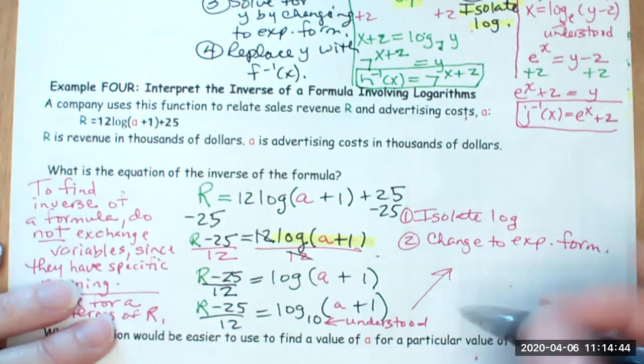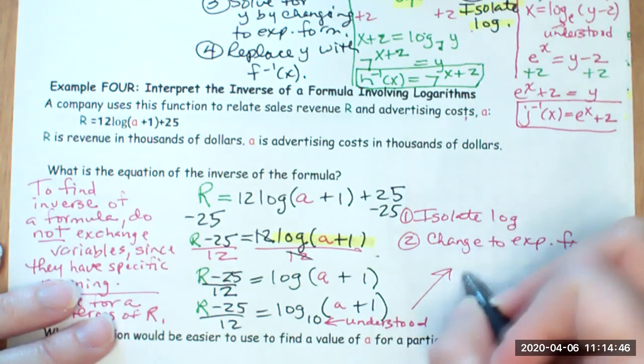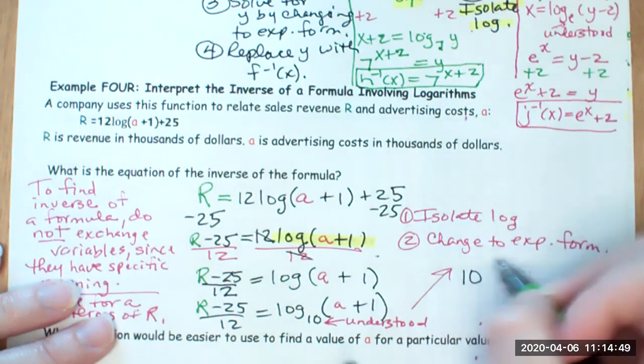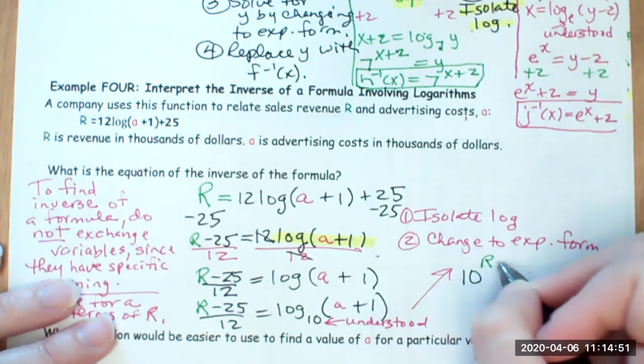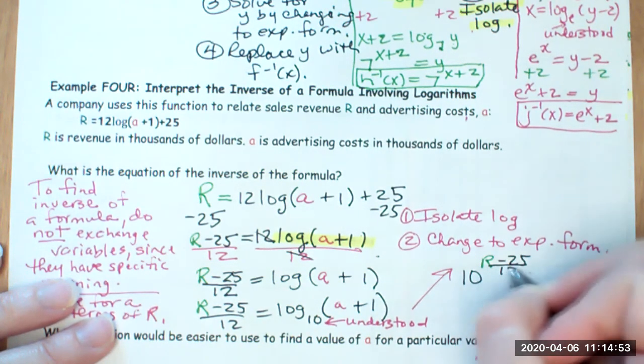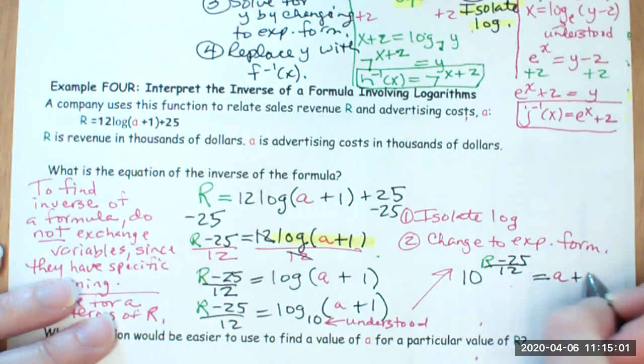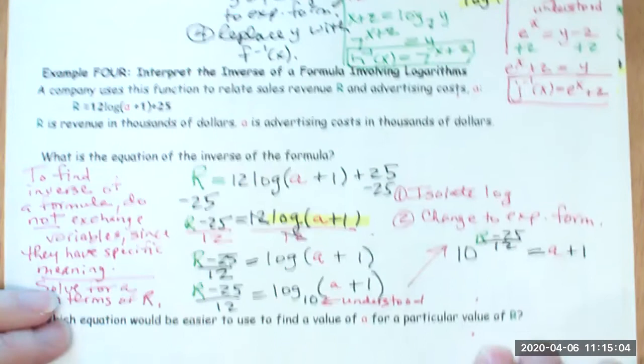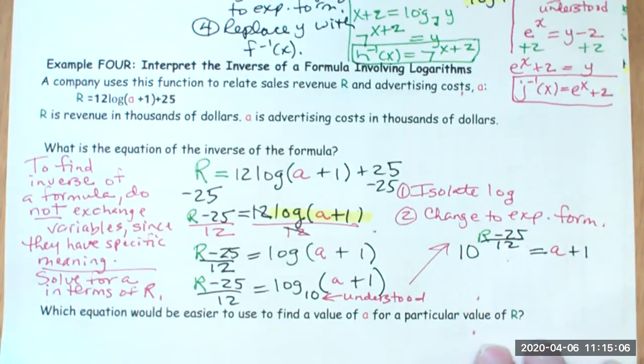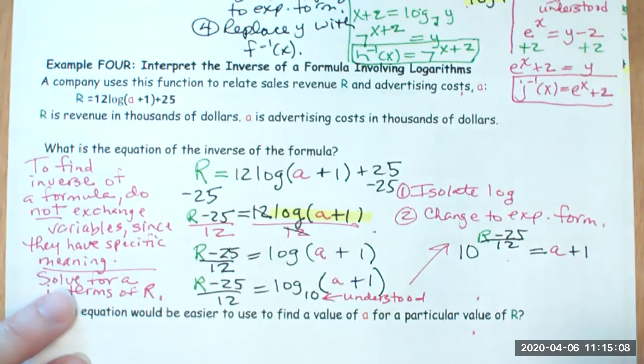So we've got 10 to the R minus 25 over 12 is equal to A plus 1. Okay? And now the last step to get A isolated, of course, is to simply subtract 1.